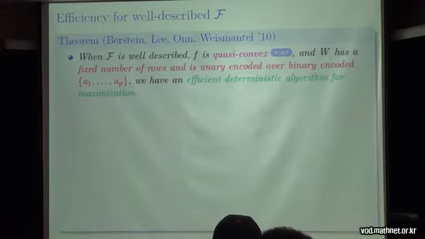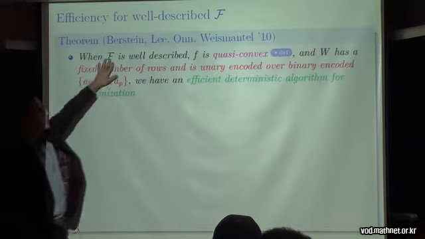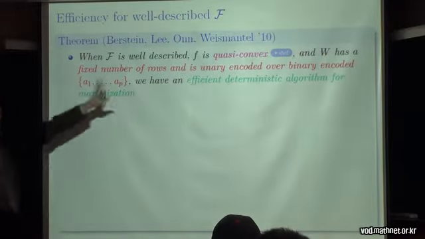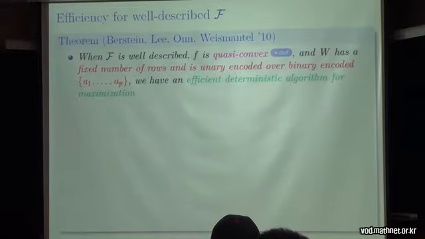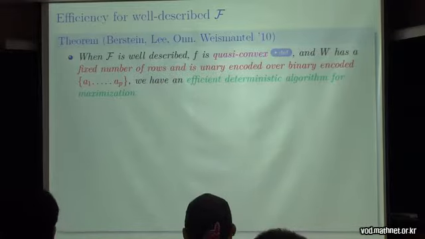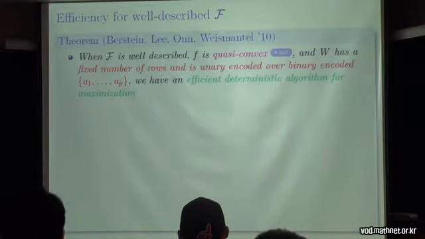So if calligraphic f is well described, if little f is convex, or if you know what quasi-convex is, it could even be that, and if W has a fixed number of rows, and now there's some funny words coming up next. Let me say that in a very simple way.